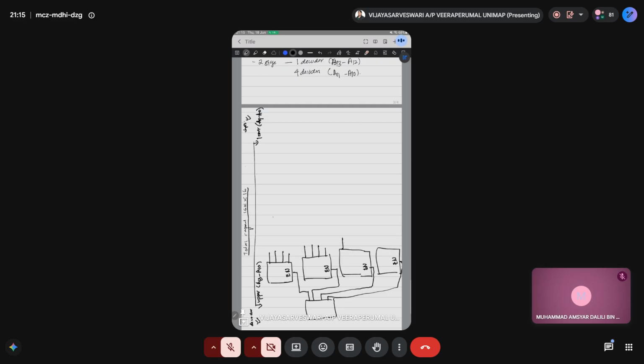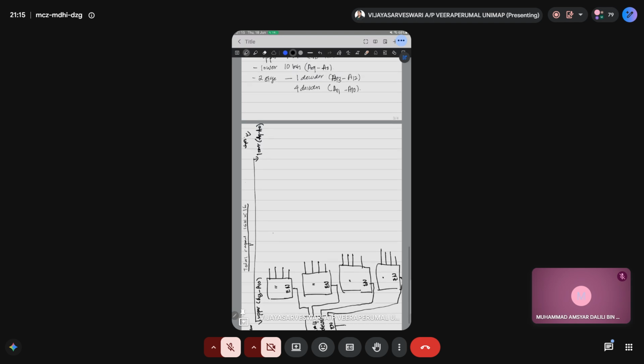Okay, so we have our outputs. So yang ni adalah yang 2 to 4 decoder. Saya tulis lah. Yang lain samalah kan. So, you boleh tahu. So we have another one extra enable. So kita akan ada satu input dekat sini, enable. So just now I told you right, we have the inputs, this input, this one and this one.